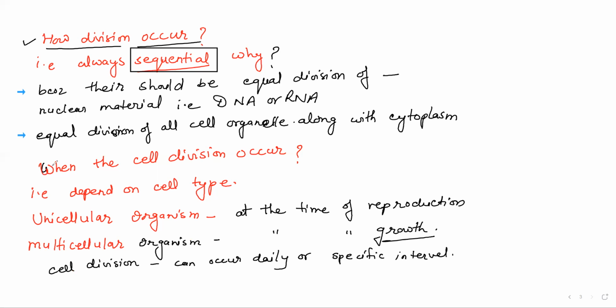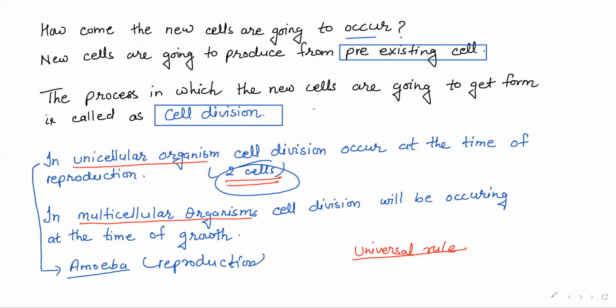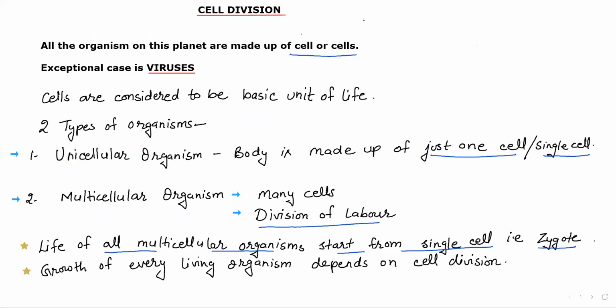So this is all about cell division, where we studied exactly what a cell is. All living organisms are made up of a cell or cells. Unicellular organisms are made up of a single cell, and multicellular organisms are made up of many cells, where division of labor can be seen, but all multicellular organisms start their life from a single cell, like the zygote, and growth of every living organism depends on cell division.